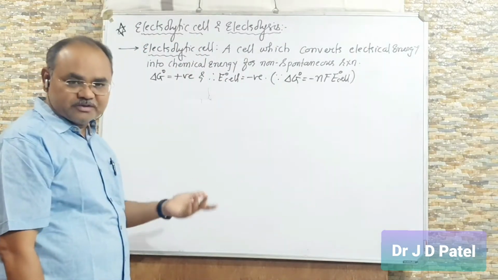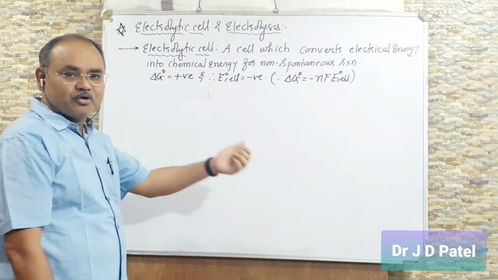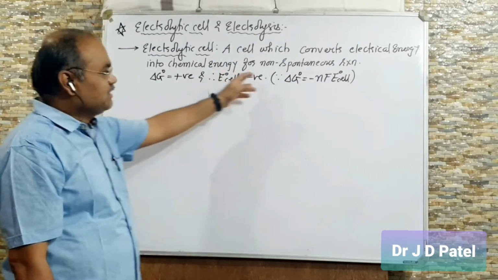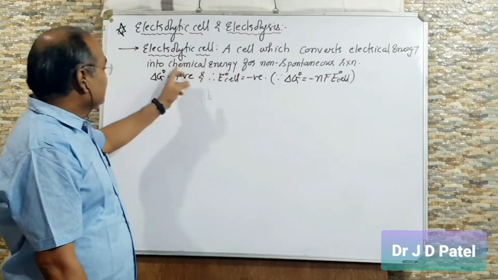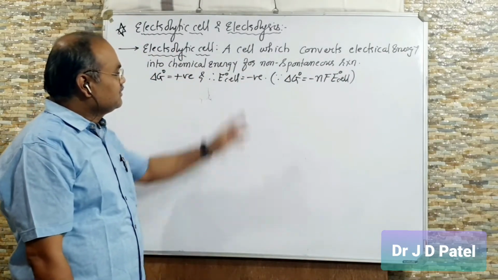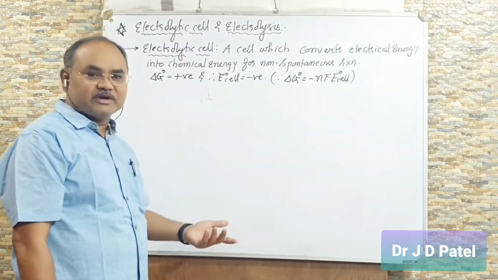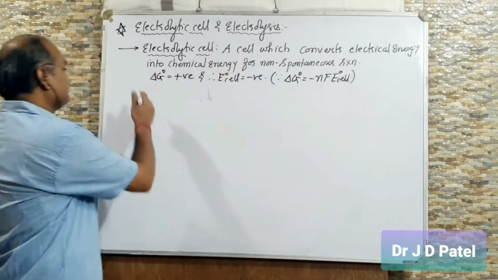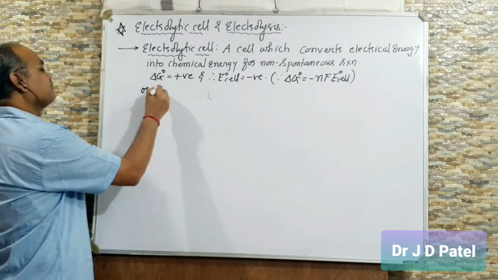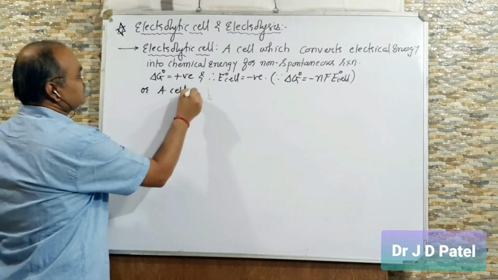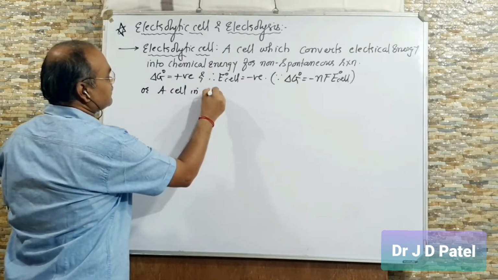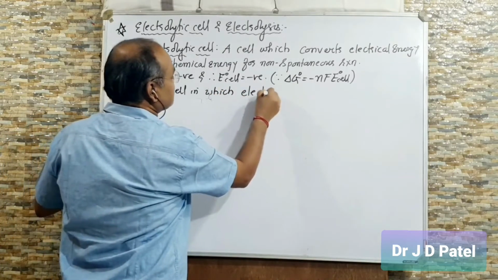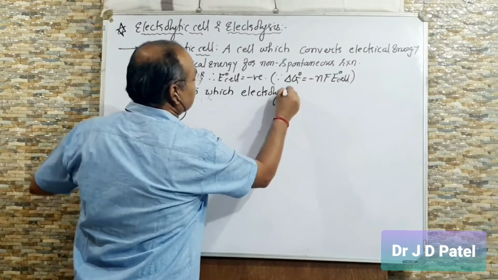We have studied about copper sulfate, impure copper at anode, pure copper at cathode, right? So this was about the electrolytic cell, a cell which converts electrical energy into chemical energy for a non-spontaneous reaction, or you can say a cell in which electrolysis is carried out.